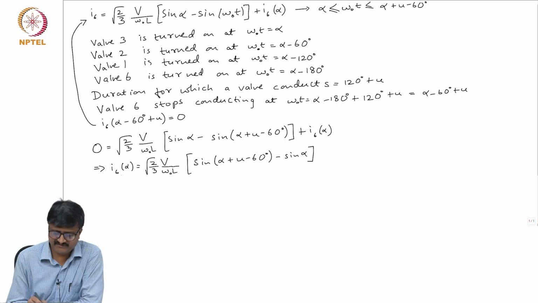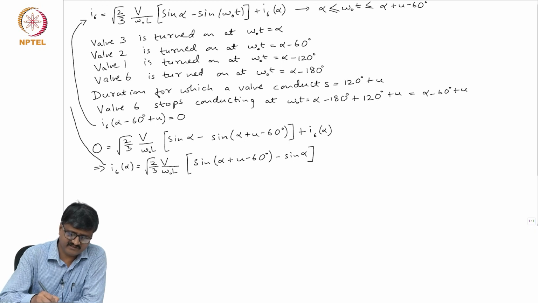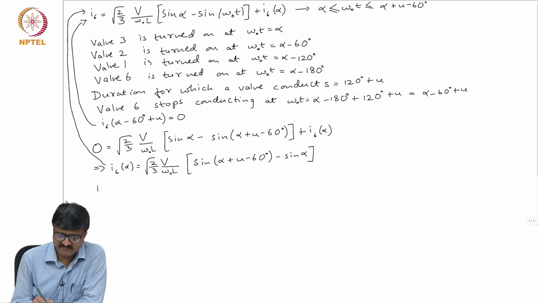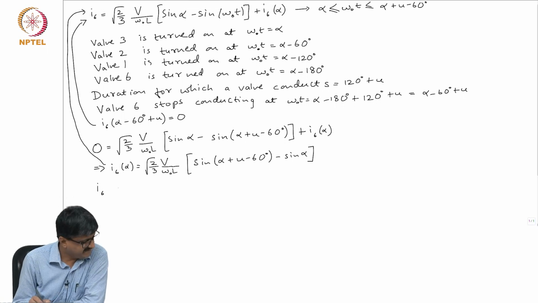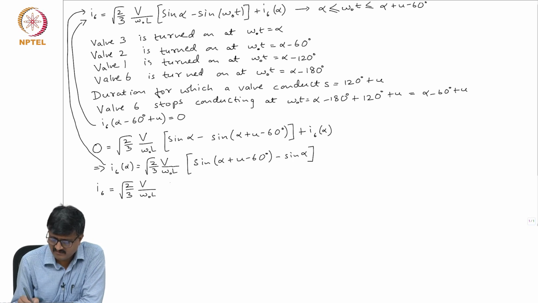So, substitute this expression for I6 of alpha in the expression for I6 that I have got earlier. Again the same equation, substitute this here. From that I get I6 equal to root 2 by 3 V by omega OL.